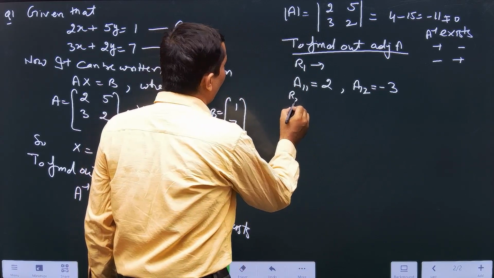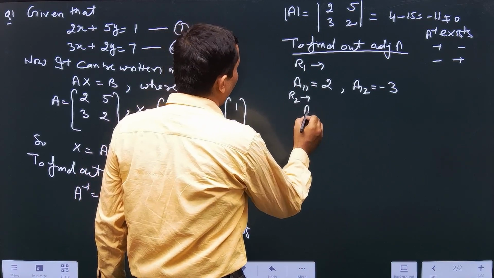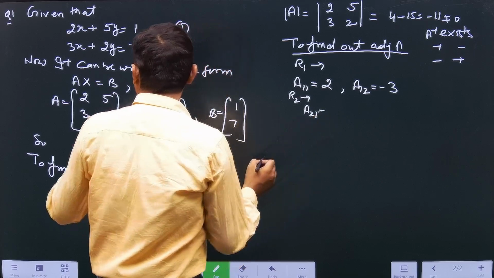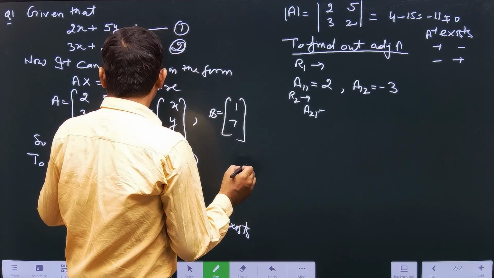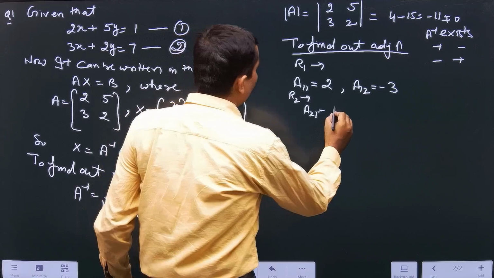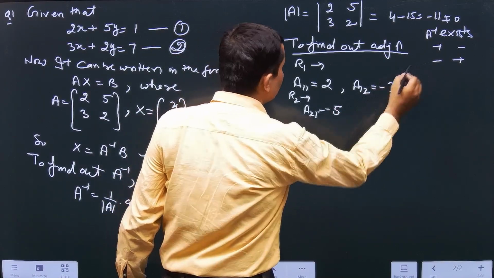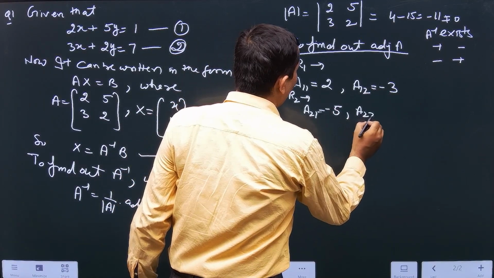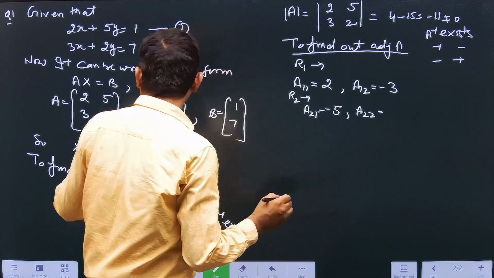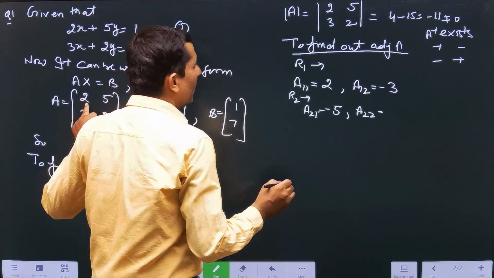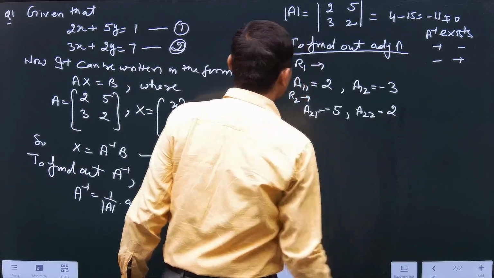Then expand according to R2: A21 corresponds to element 5 with the symbol minus, and A22 corresponds to 2, delete this, the element is 2 and the symbol is positive.